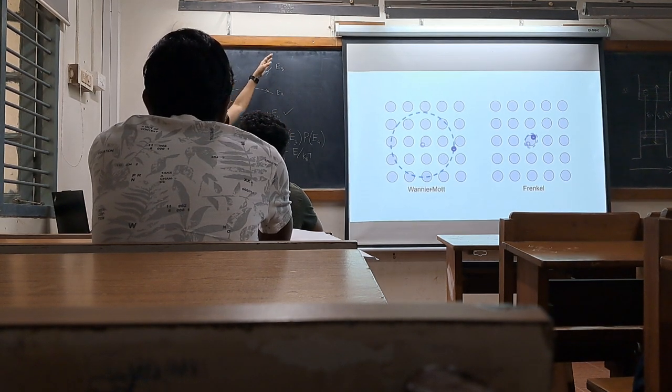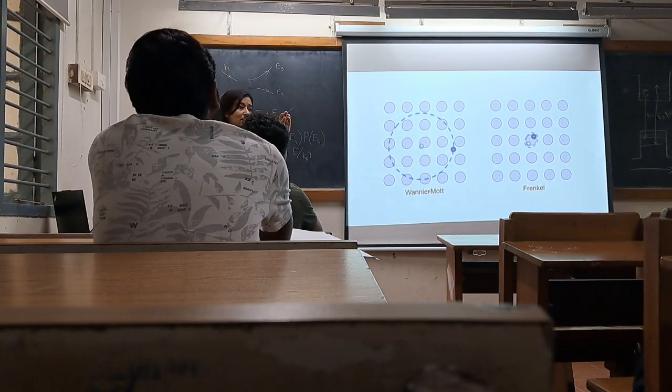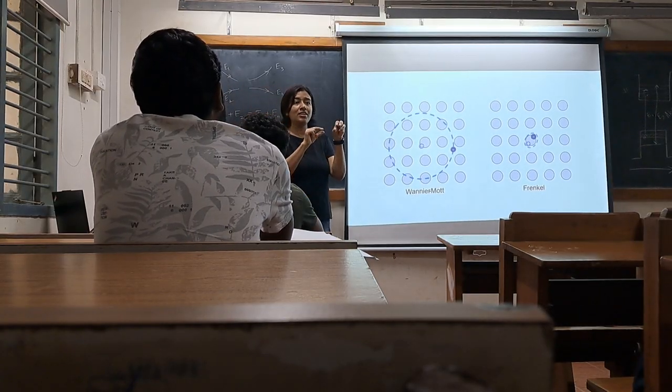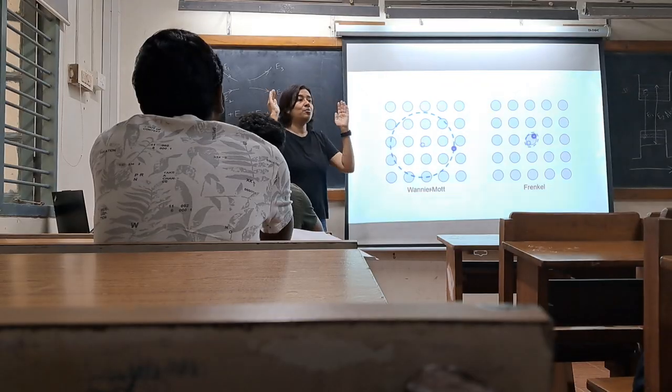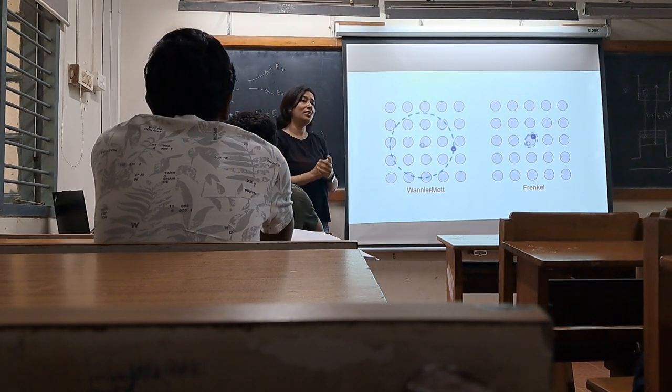This scatters to E3 and this scatters to E4, or whichever. So for the process to happen, I need empty seats in E3 and E4 and filled states in E1 and E2.